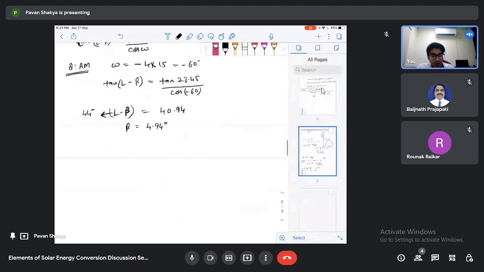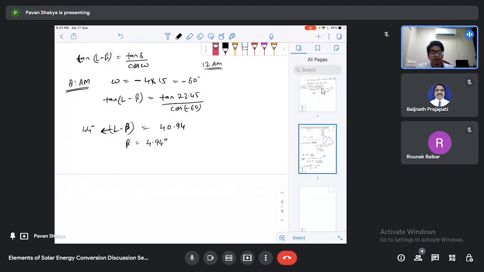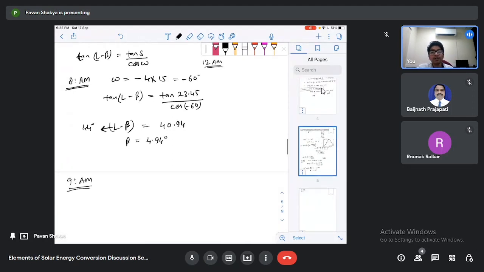Next what we have to do? We have to calculate similarly for different times, like 9 a.m. With the time the only variable will be the hour angle. So for 9 a.m. this hour angle will become minus 3 multiplied by 15, that will be minus 45 degree.